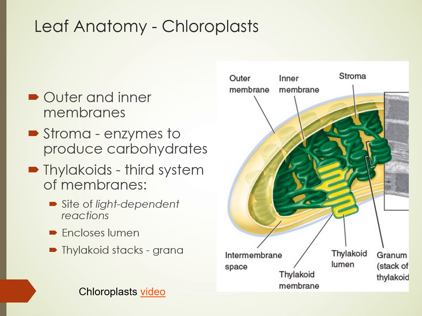Inside the thylakoid is the area known as the lumen. It is in the thylakoids that the light-dependent reactions occur. For more detail on chloroplasts, click on the video link. This link will take you to a Britannica page with more detail and the short chloroplast video.